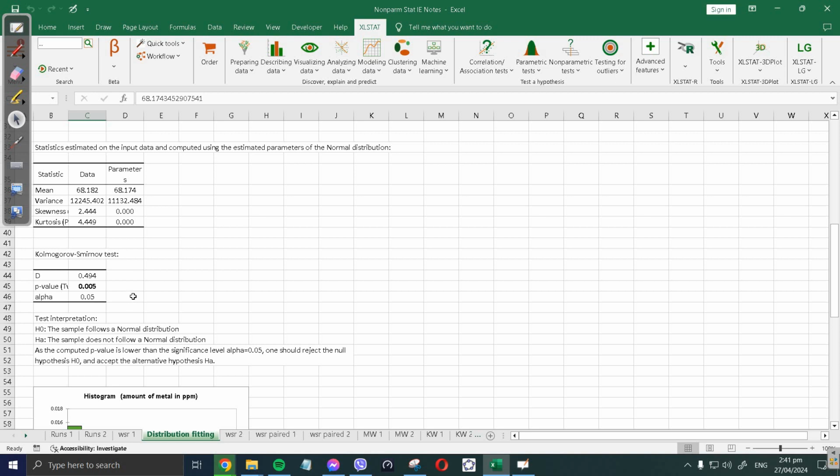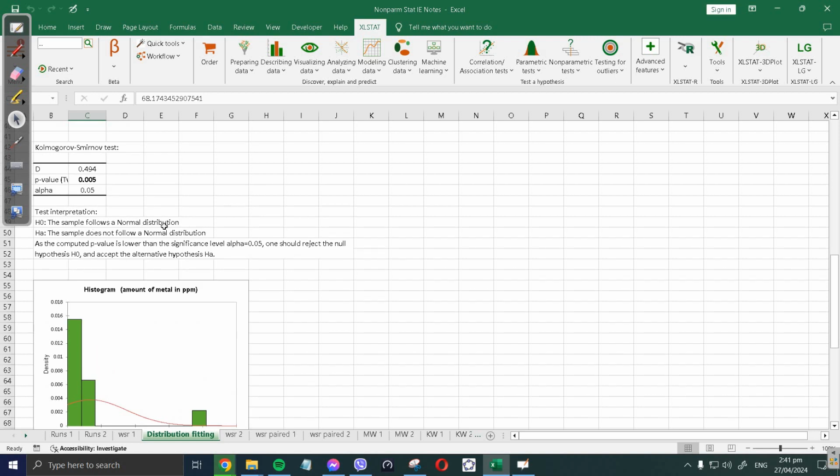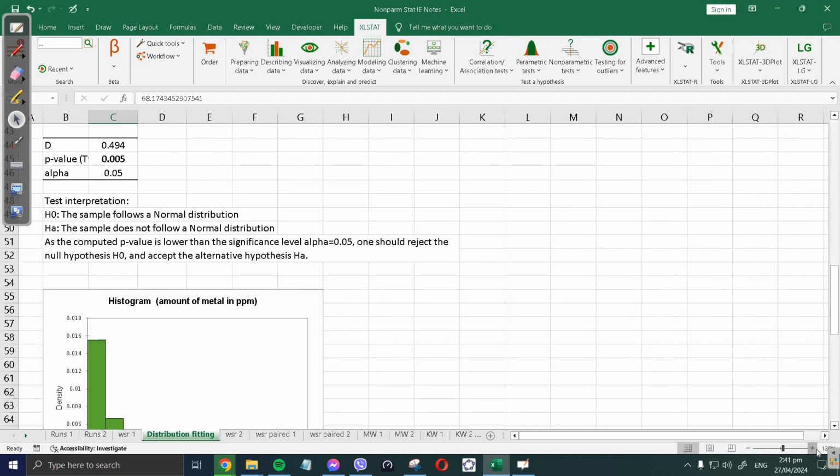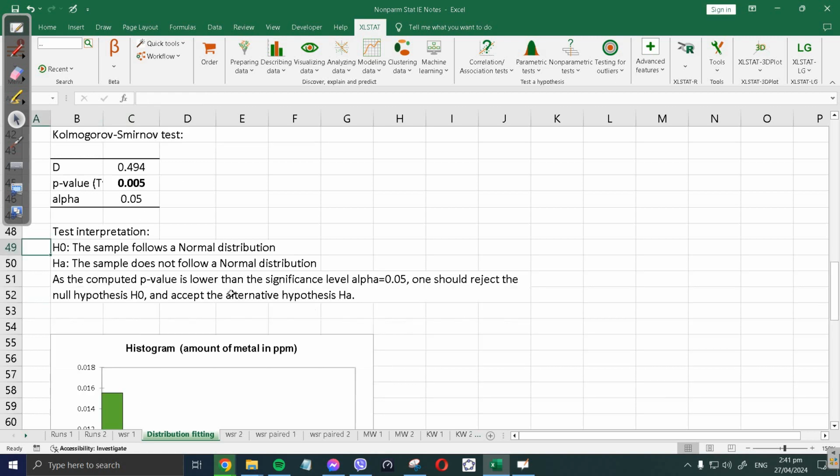One thing about XLSTAT is that it also gives H0 and Ha and the actual result. The Kolmogorov-Smirnov test gives us the test statistic, the p-value, and the alpha. Although we did not change the alpha, it's usually 0.05. Our null hypothesis is that the sample follows a normal distribution, and Ha, that it does not.